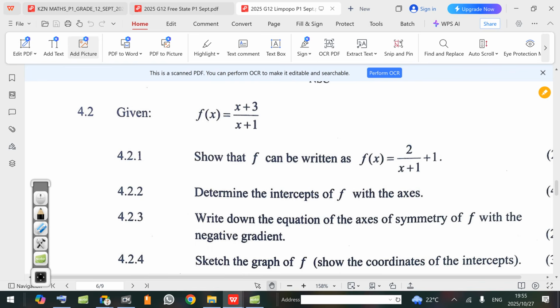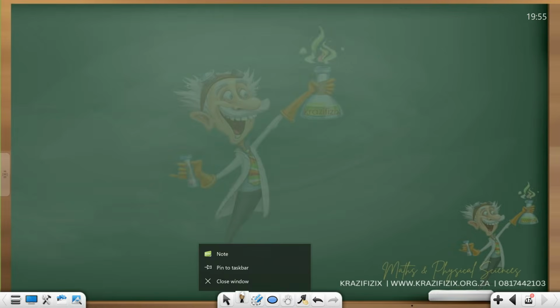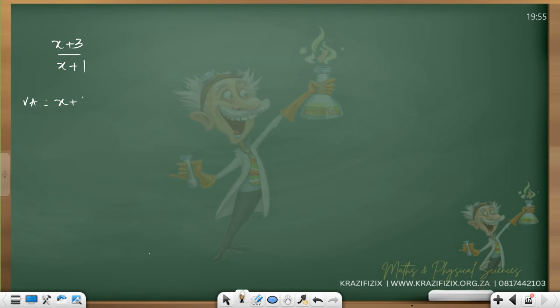X plus 3 over X plus 1. Do you see that answer that they got? It's my new method. What's my vertical asymptote? X plus 1 equals 0, so X is negative 1.